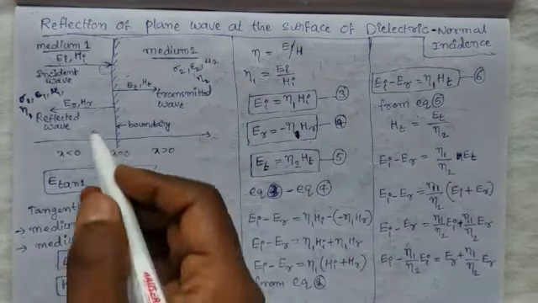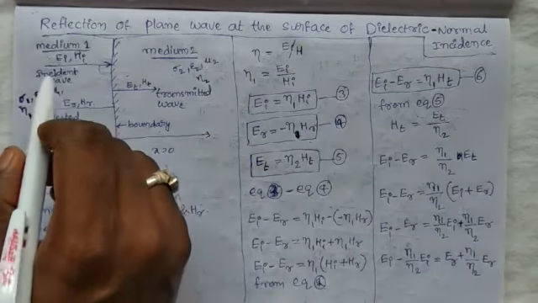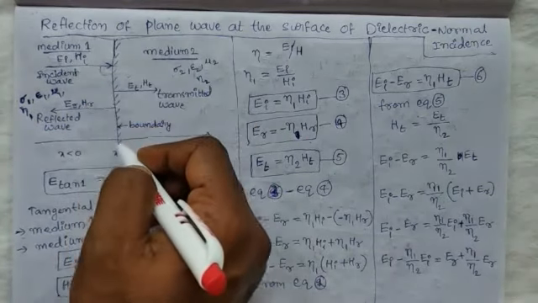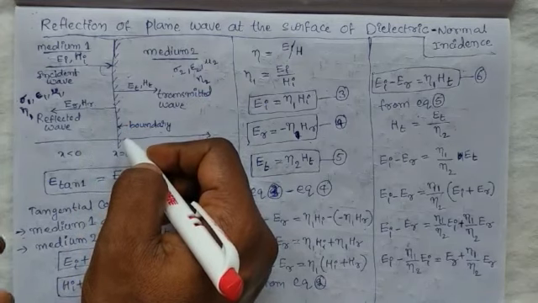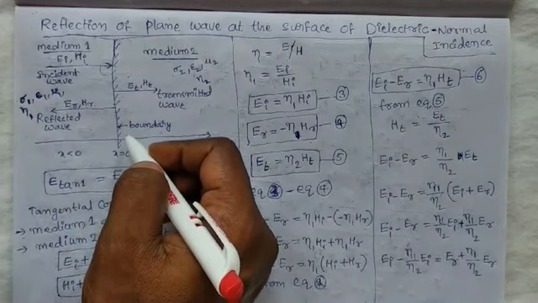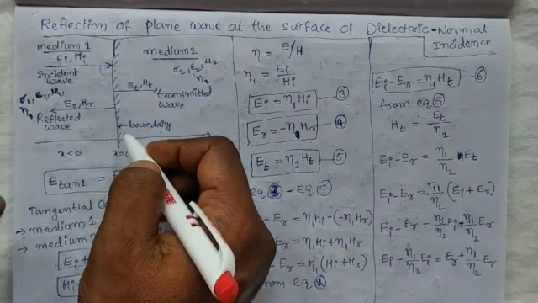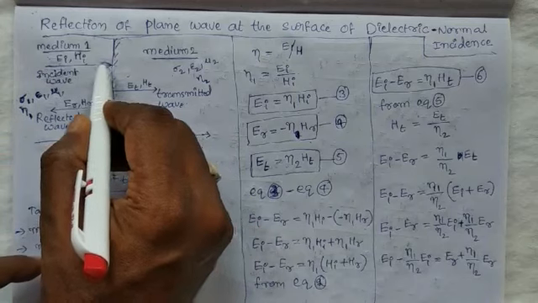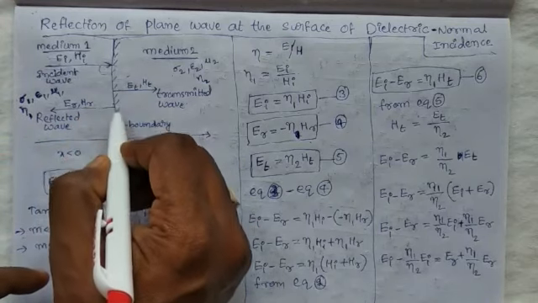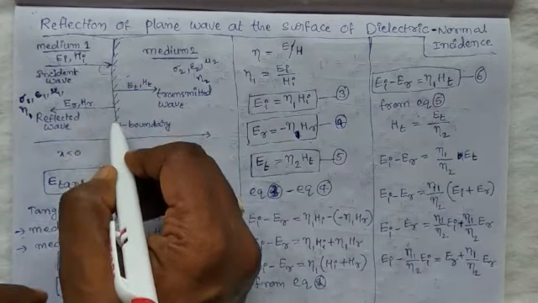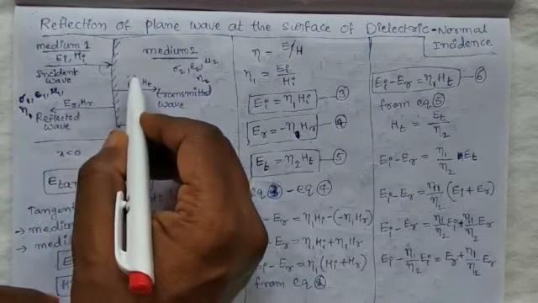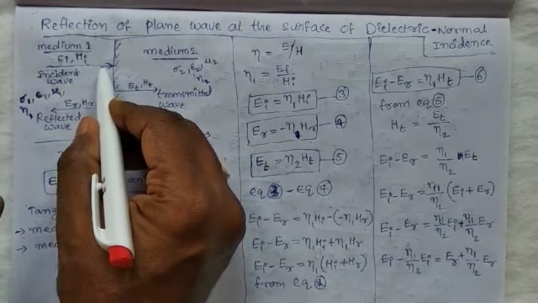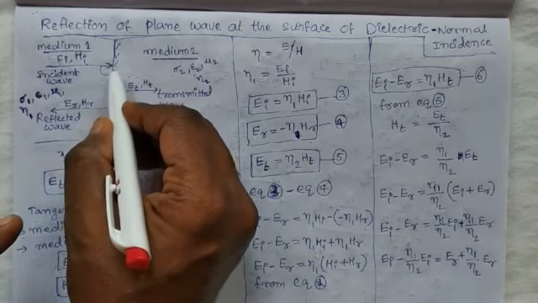Now I am considering the electromagnetic wave incident at the interface. That incidence may be normal incidence or it may be oblique incidence. Normal incidence means the electromagnetic wave is incident at the boundary between the two dielectric mediums, and the incident wave makes an angle of 90 degrees with the boundary.